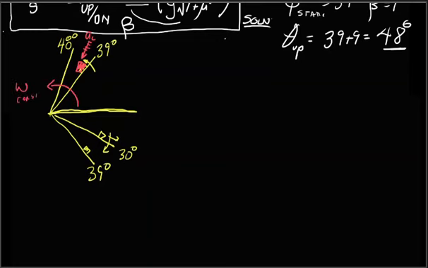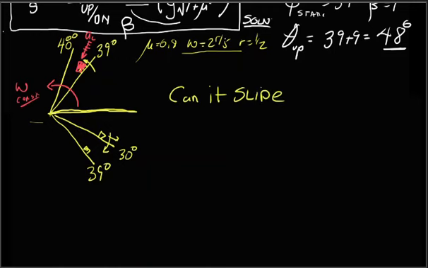Now there's an interesting case that we can look at here. Can it slide out? I guess this would be up and out. We'd be rotating up, and potentially the box could slide out.